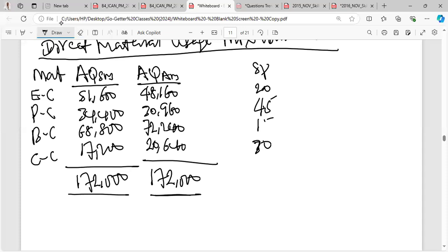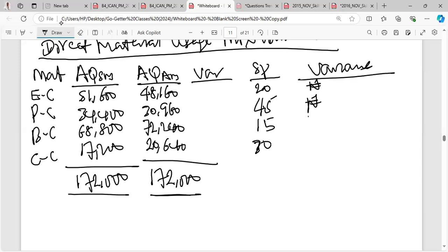All right, so this is our variance. And this is going to be our variance. So we have the naira sign, and the naira sign. All right, let's do them one by one.